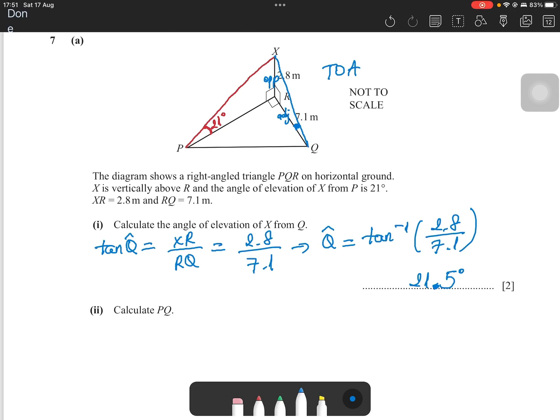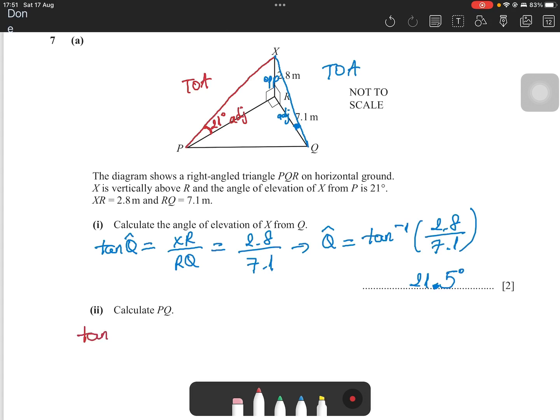Second question, calculate PQ. We know the length of RQ. So if we know the length of RP, then we can find the length of PQ using the Pythagoras theorem. So to find the length of RP, we look at the triangle PRX. In the triangle PRX, PR is the adjacent and 2.8 is still the opposite. So we also use TOA for this.